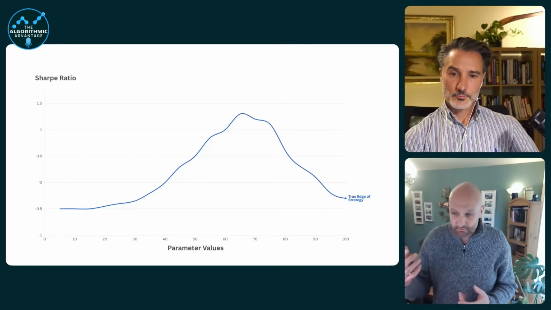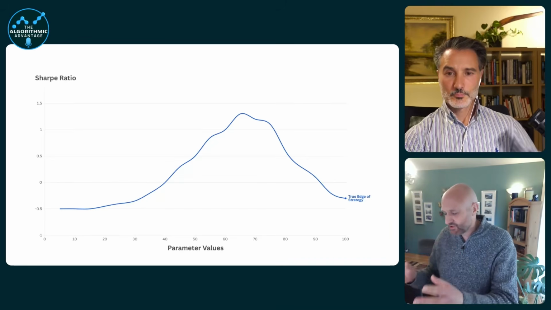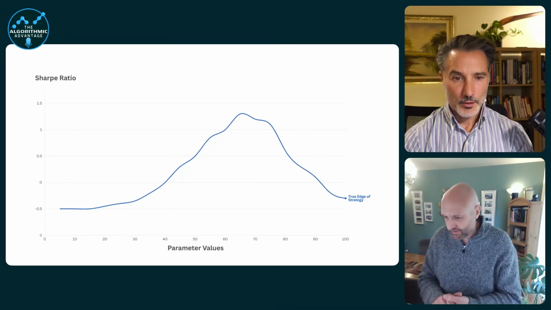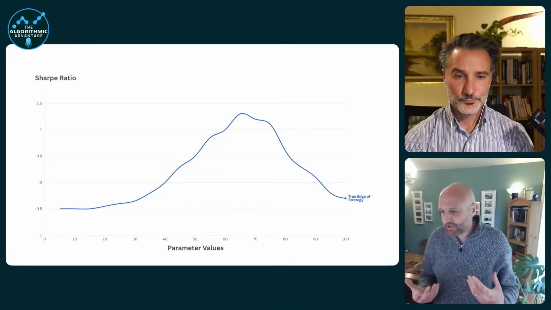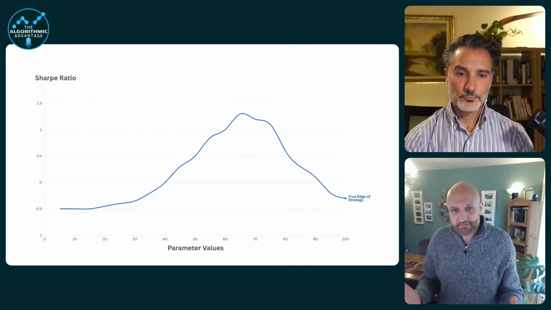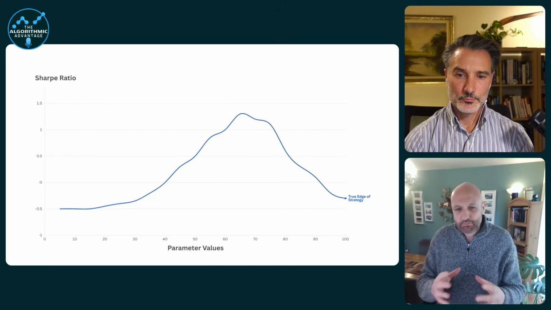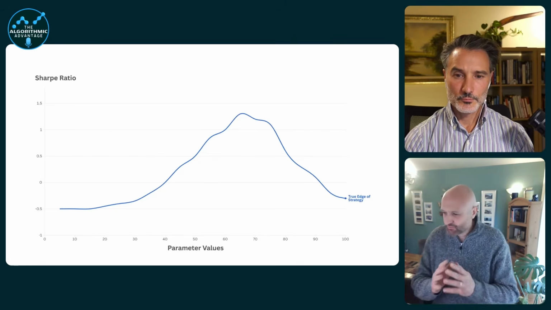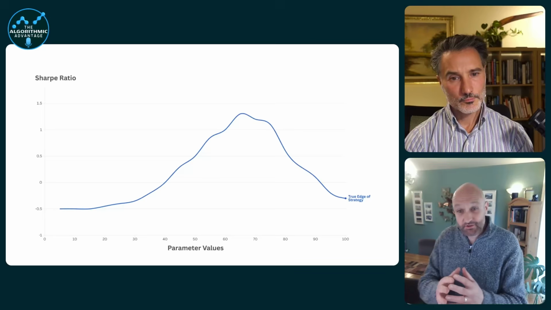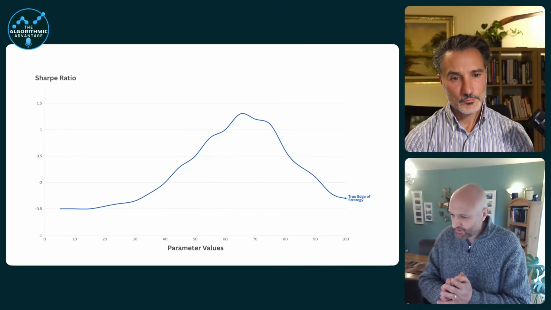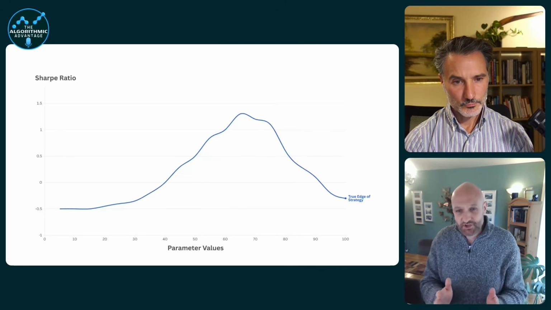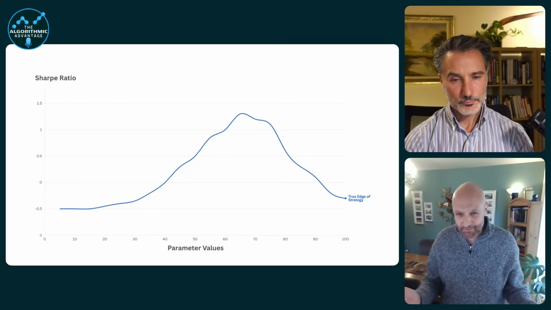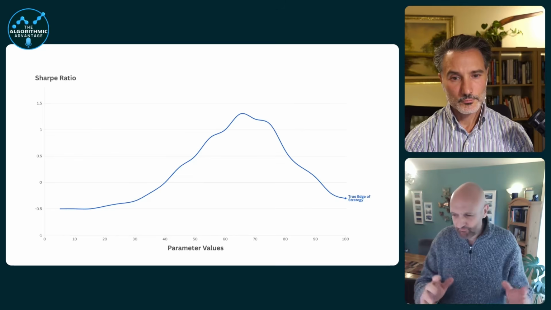So hopefully you can see the chart I've got on the screen there. This is made-up fake data, just to illustrate the point here. It's really simplistic, and I want you to imagine, Simon, you've done an optimization on a particular parameter. It could be anything. It could be a moving average, let's say.